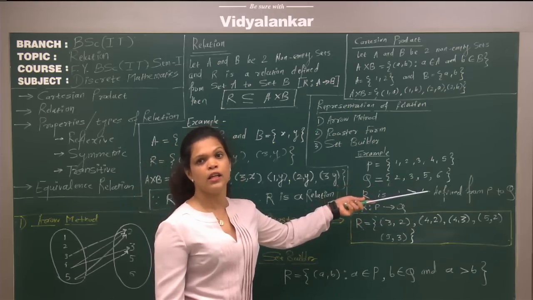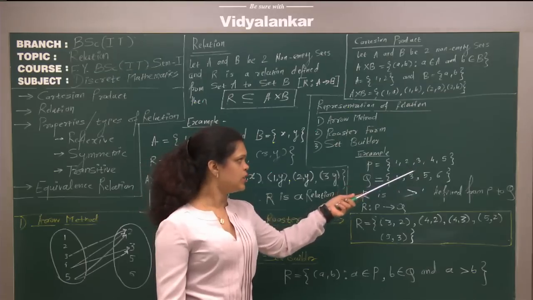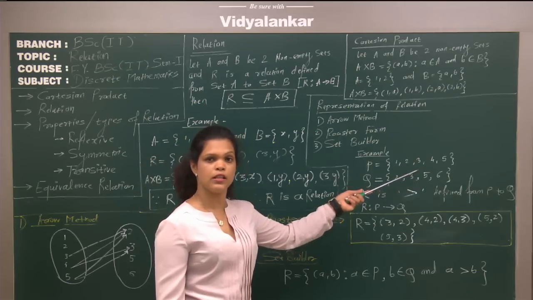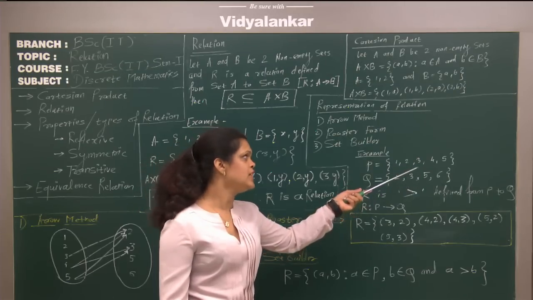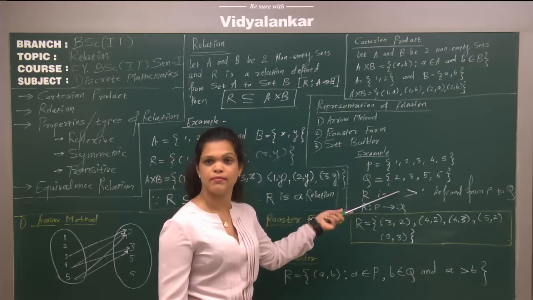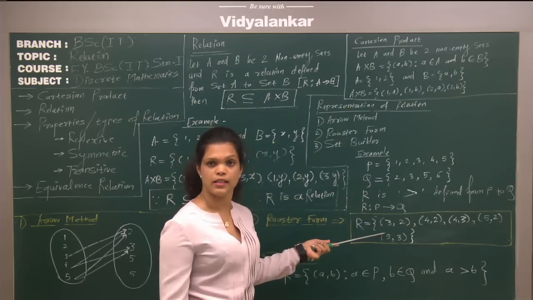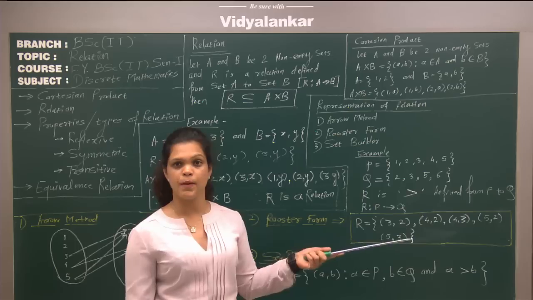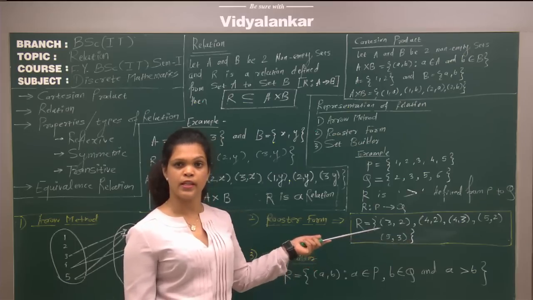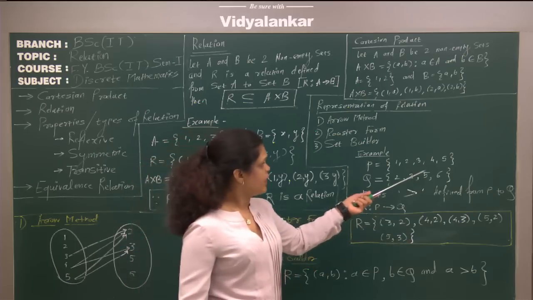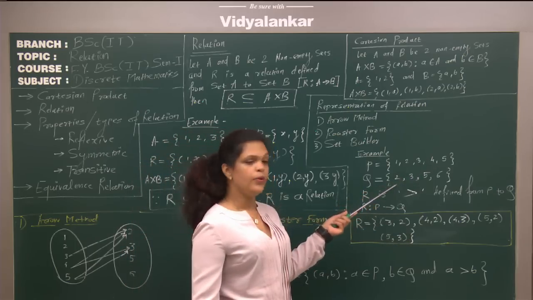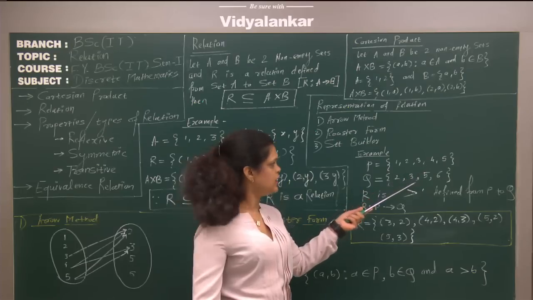Compare 3 with the elements of Q. Is 3 greater than 2? Yes. 3 is greater than 2. Is 3 greater than 3? No. So can we consider (3, 2) in relation R? Yes. So (3, 2) is an element of set R. Okay. Is 4 greater than 2? Yes. Is 4 greater than 3? Yes.